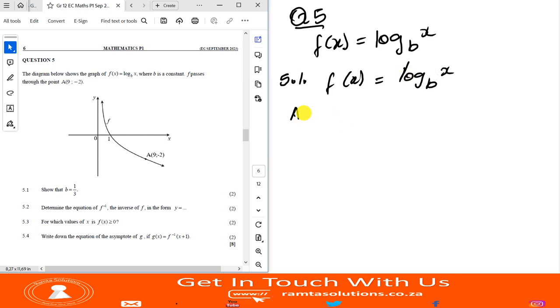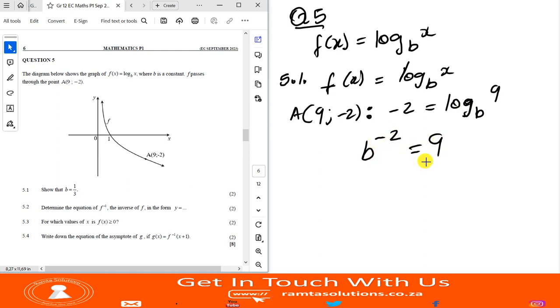We're given a point 9 and -2. Where there's x, you put 9. Where there's y or f of x, you put -2. So this is -2 equals log 9 base b. To antilog, we say b to the power -2 equals 9.